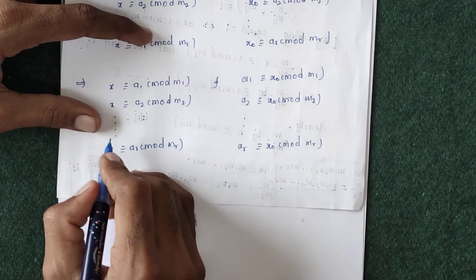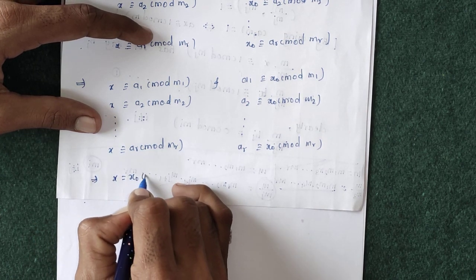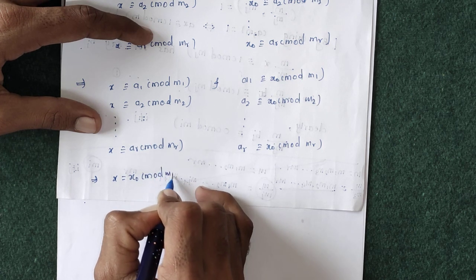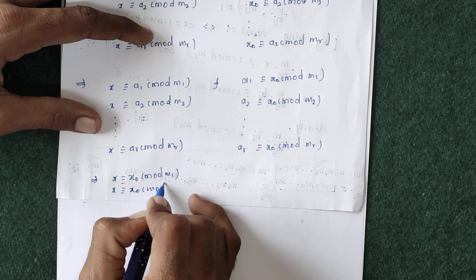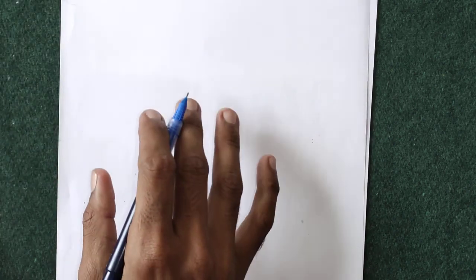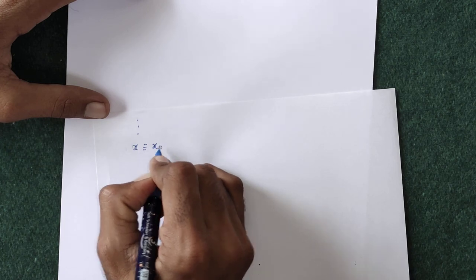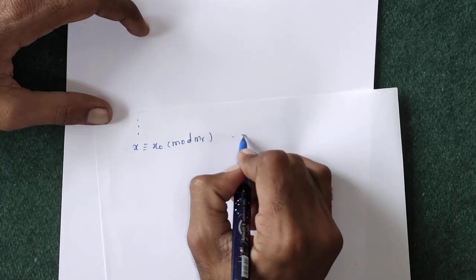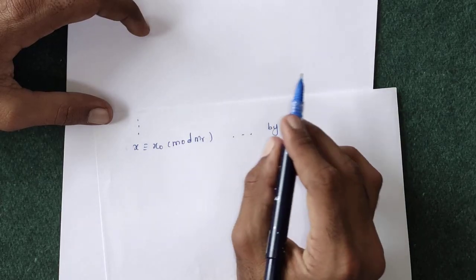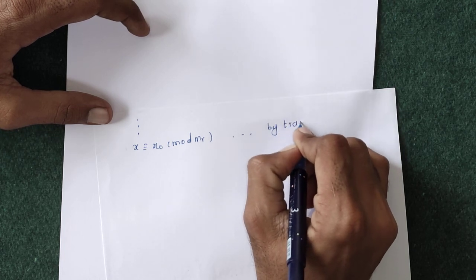Then this gives us x is congruent to x naught under modulo m1, x is congruent to x naught under modulo m2, up to x is congruent to x naught under modulo mr. This is by using transitivity, that is, if a is congruent to b and b is congruent to c, then a is congruent to c by transitivity.